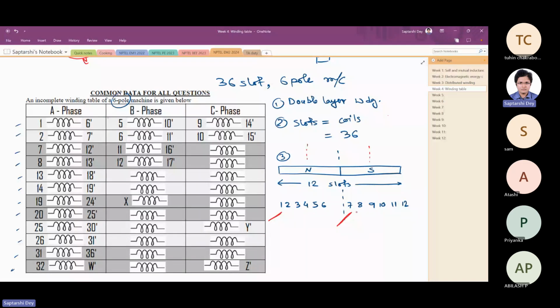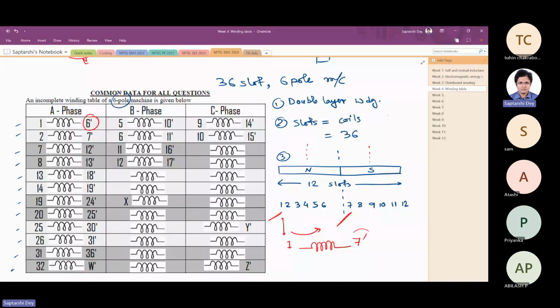So this coil under full pitch should look like this, 7 prime. That means the coil was first made like this, then it was thrown to, say, slot 7. But you see here, it is 1 and 6 prime. It is not 7 prime, it is 6 prime.